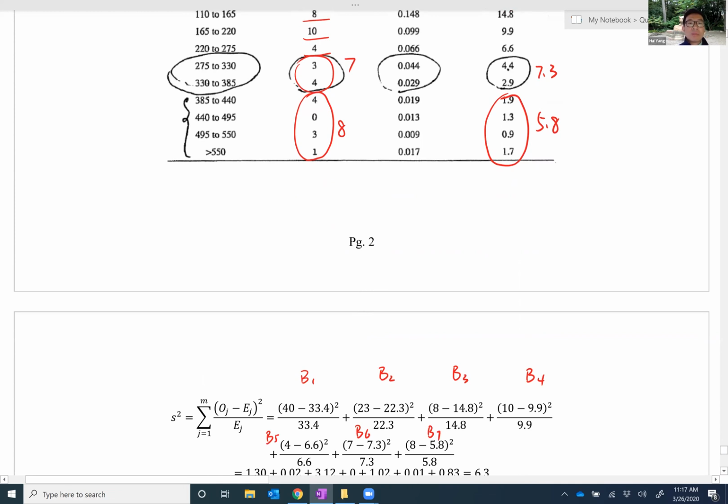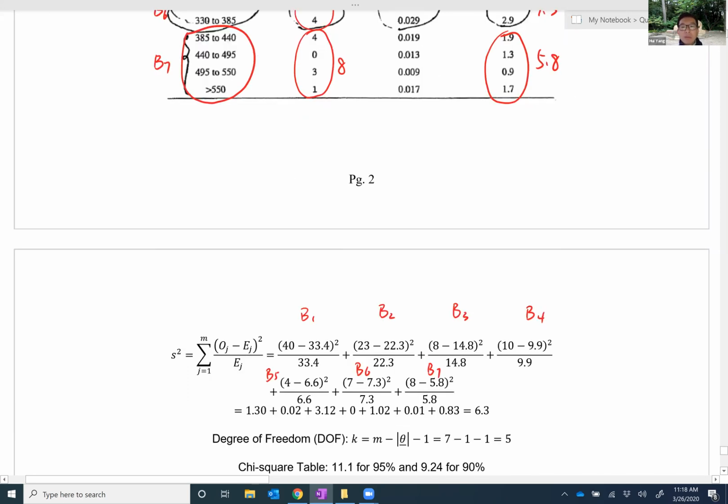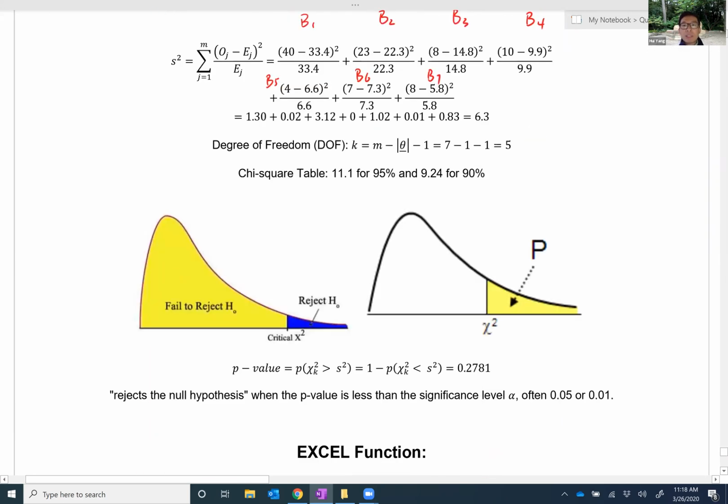So this will be the first bin interval, second bin, third bin, fourth bin, fifth bin, sixth bin, and a seventh bin. Okay. So in this way, we are able to get 6.3. So 6.3 is our value here.